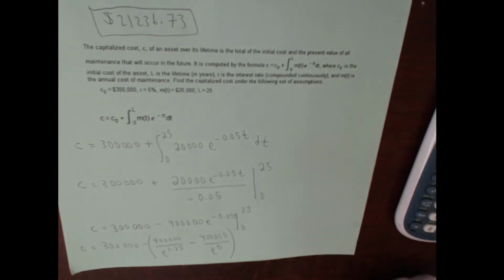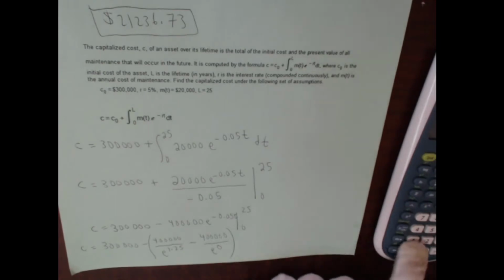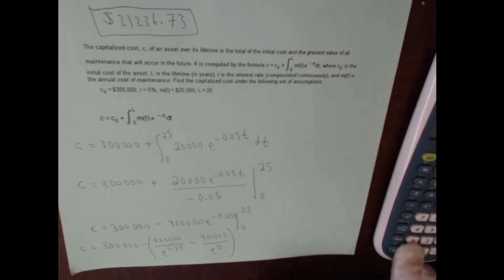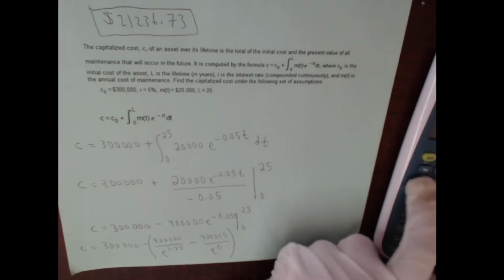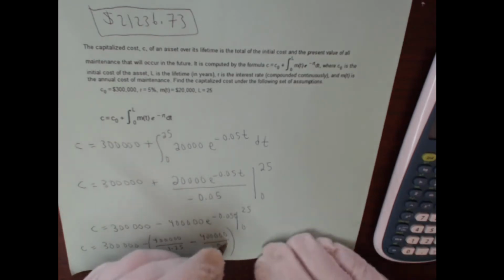When you put in a 0, you get e to the 0, which is 1. Going to cram all that into my calculator now. So 300,000 minus parenthesis 400,000 divided by e to the 1.25 minus 400,000, because this e to the 0 just is 1.